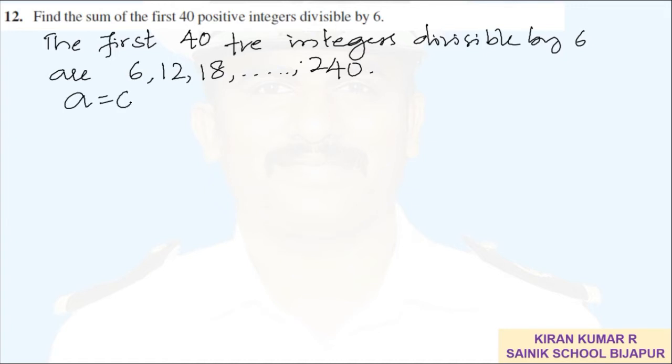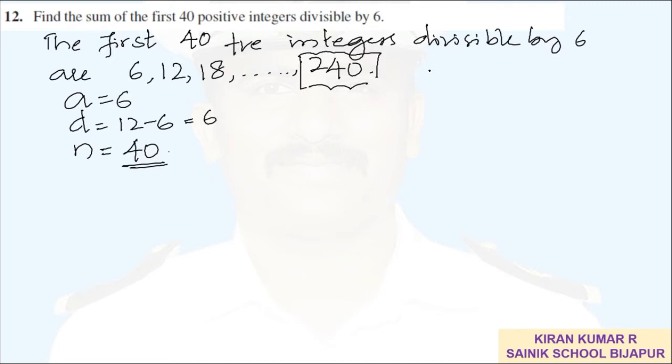Here the first term is 6. The common difference is 12 minus 6, nothing but 6, and the number of terms is 40. You must be having a doubt, how did I get this 240? Let me clarify that doubt.